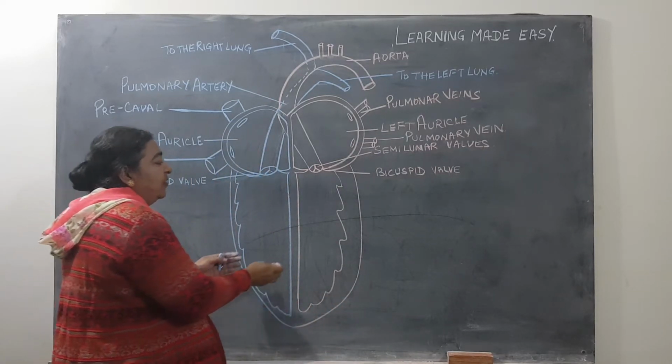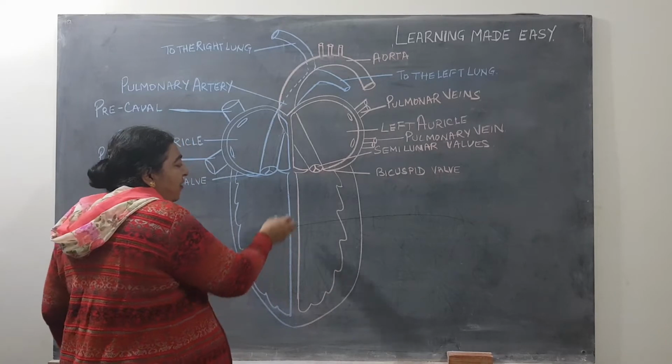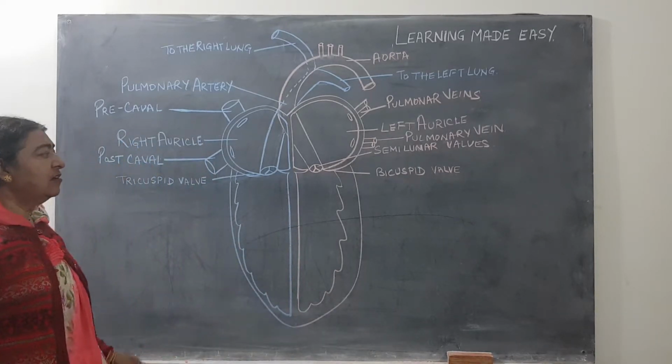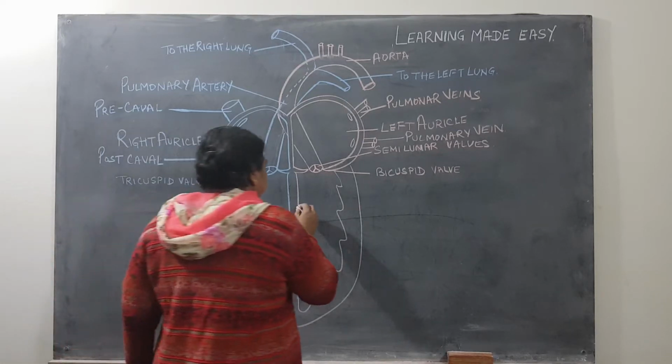Now the ventricles, they have a septum between them. This is called as interventricular septum.